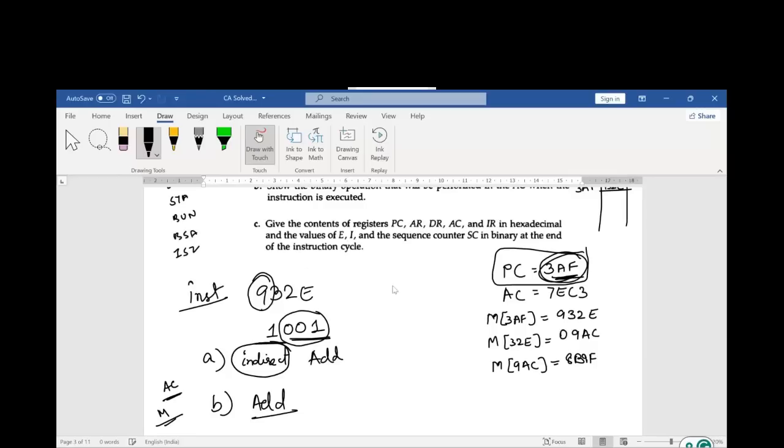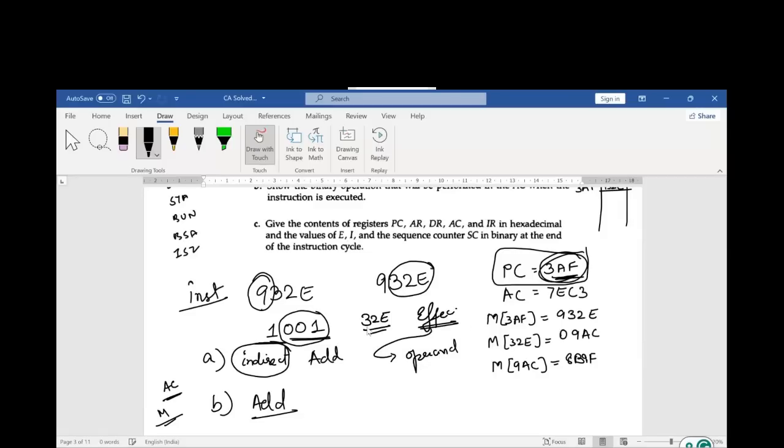If this is the instruction 932E, address 32E will have the effective address, and this effective address will have your operand.